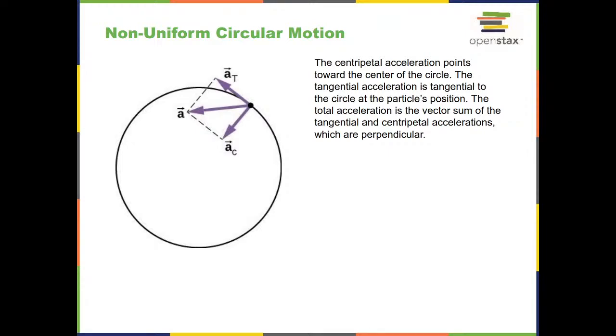So a couple other questions. Can the centripetal acceleration ever change the speed of a particle? So who thinks the centripetal acceleration can change the speed of a particle in a circular motion?